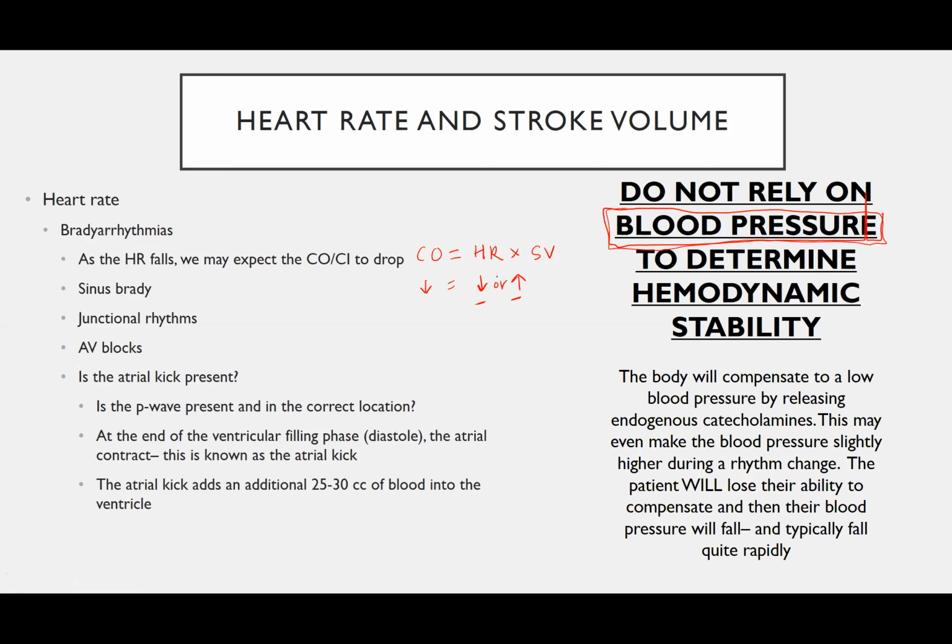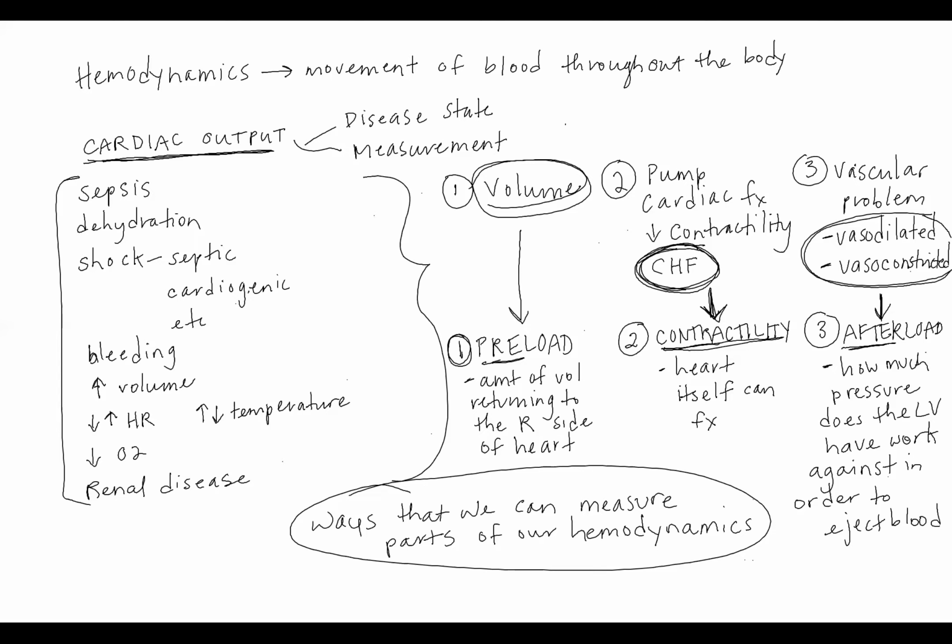Okay, so I'm going to clear up some of this. And let's say this is our patient here, and let's say this is their blood pressure. This is kind of what I see. Many times this person is compensating, and I may see small fluctuations in this line.